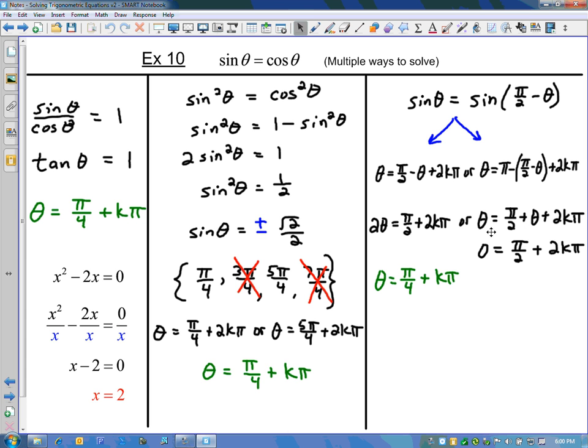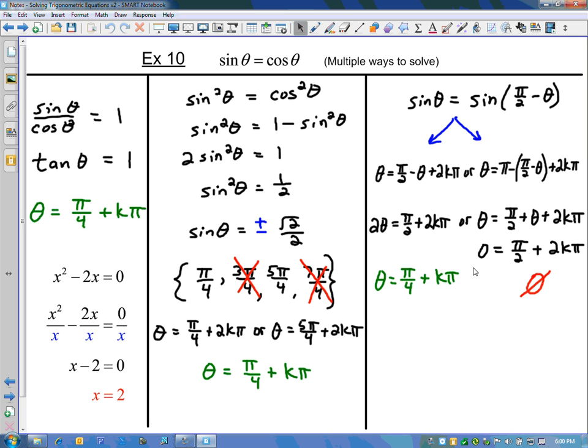So we have theta is pi over 2 plus theta plus 2k pi. Notice how a negative of a negative is positive. And now if we subtract theta from both sides, we have 0 equals pi over 2 plus 2k pi. Well, no matter what value of k you have, this is not going to come out to 0. So there's no solution for this equation, and this would be the solution for this equation.